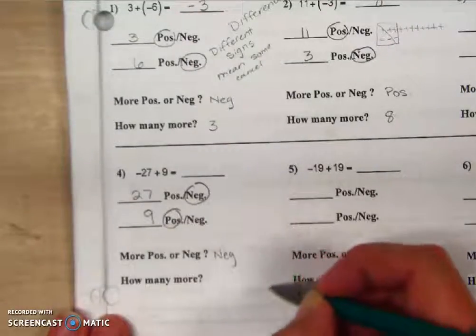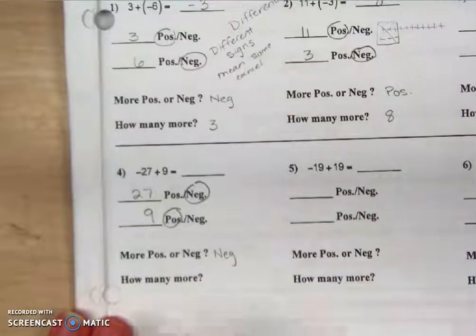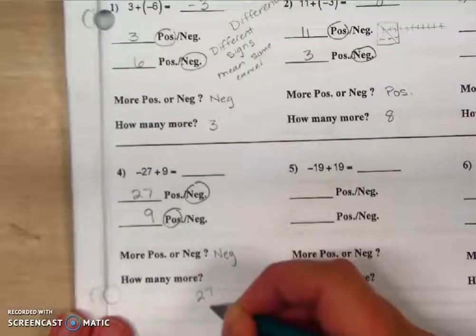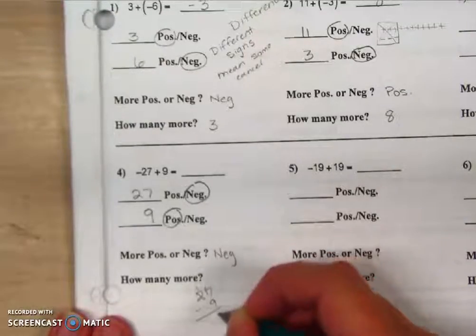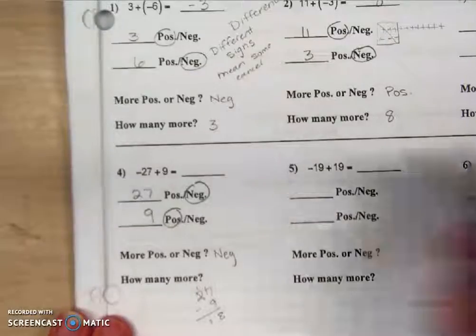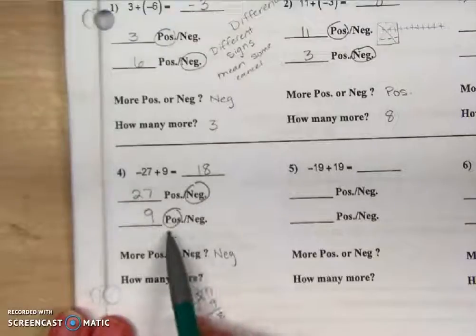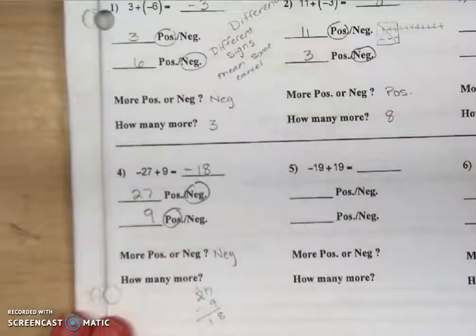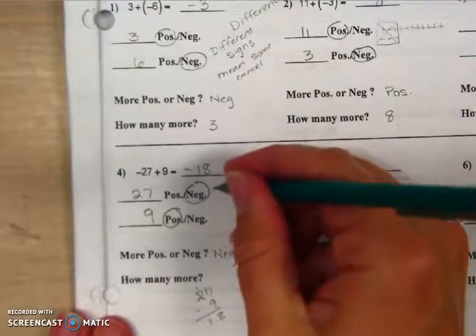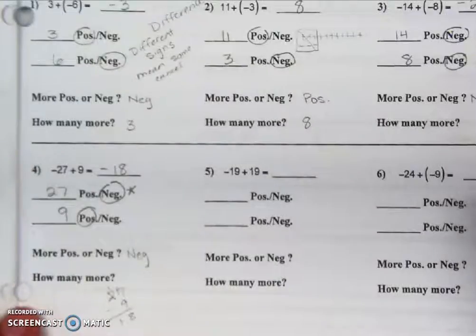If I were to write out all 27 negatives and then 9 positives, I'm not going to do that. I'm just going to find the difference there. So the difference between 27 and 9, if you need to do this, is 18. Do I have more positives or more negatives? I have more negatives, so that means my answer would be negative 18, because that's the bigger absolute value.